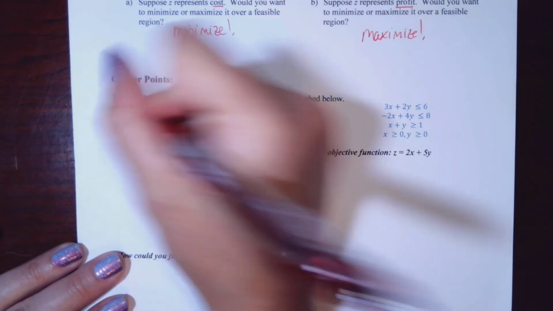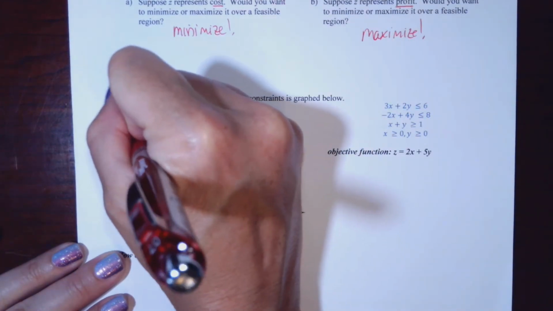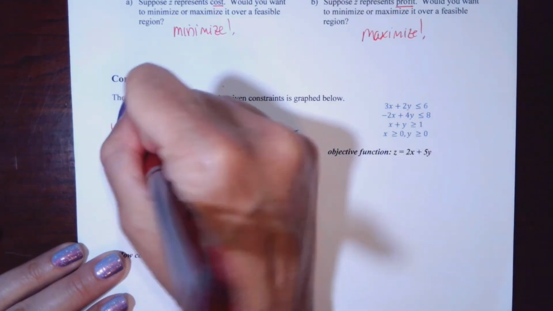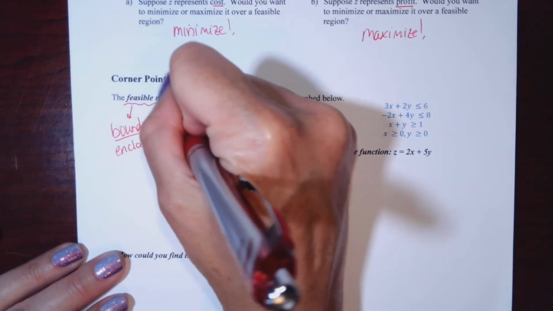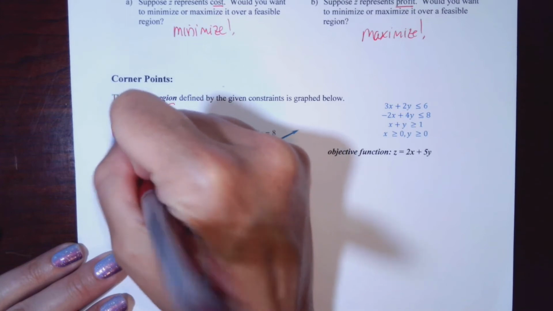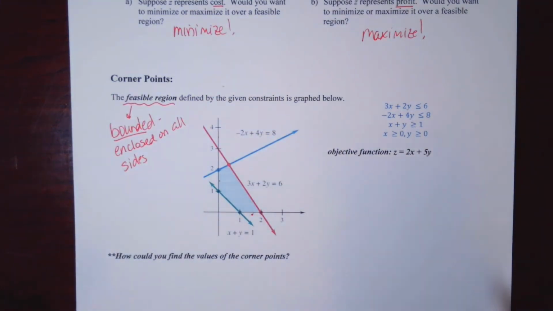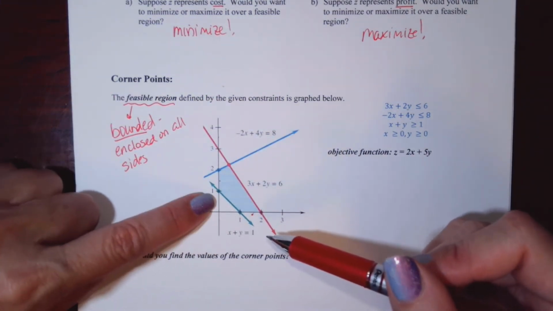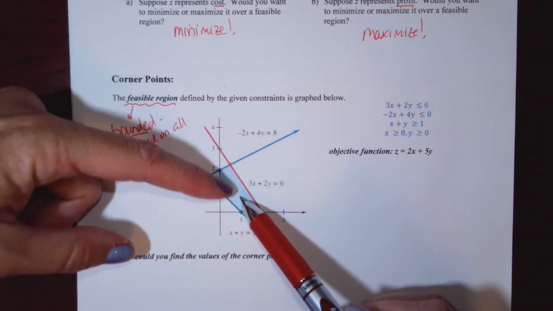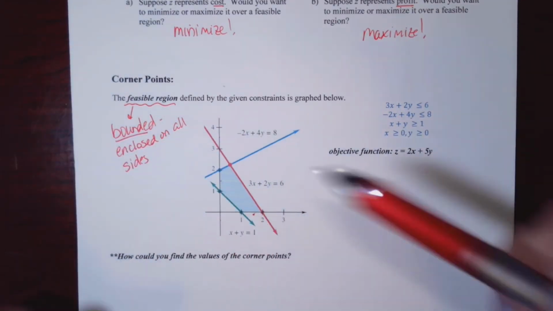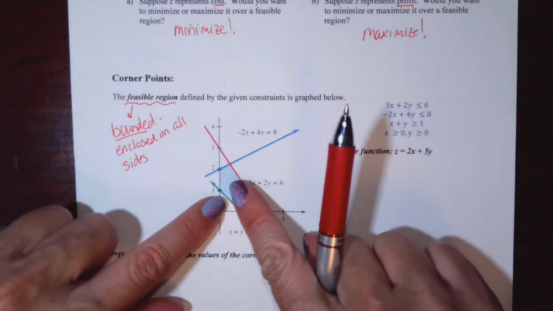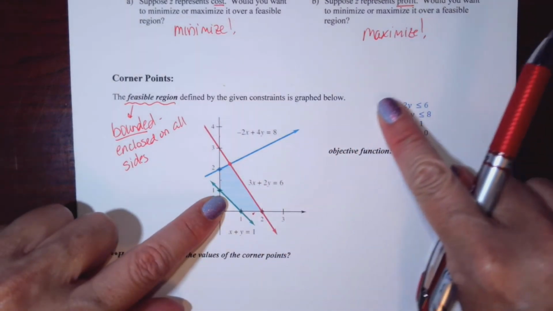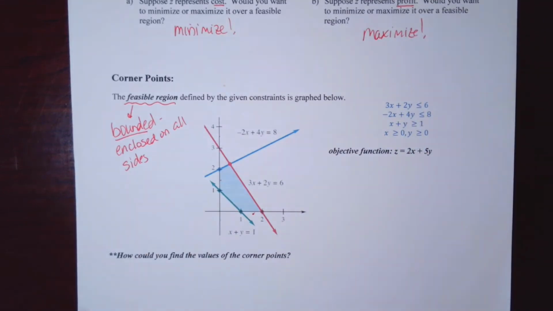My feasible region is what we call bounded, which means that it's enclosed on all sides. For example, if I took away this green line, I would still be bounded by these. How about I took away the red line? If I take away this red line, this shaded area is going to keep going forever in this direction. That would be unbounded. But this one is bounded.